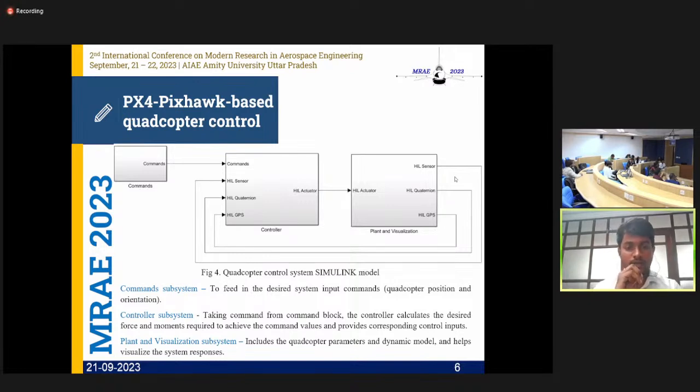So this is the quadcopter control system Simulink model for the PX4 autopilot. In this whole model, you can see three major blocks: command, control, and plant and visualization. In the command block, you give your command values. The controller block is used to generate the control inputs, and you send those control inputs to the plant, and then you visualize in the plant.